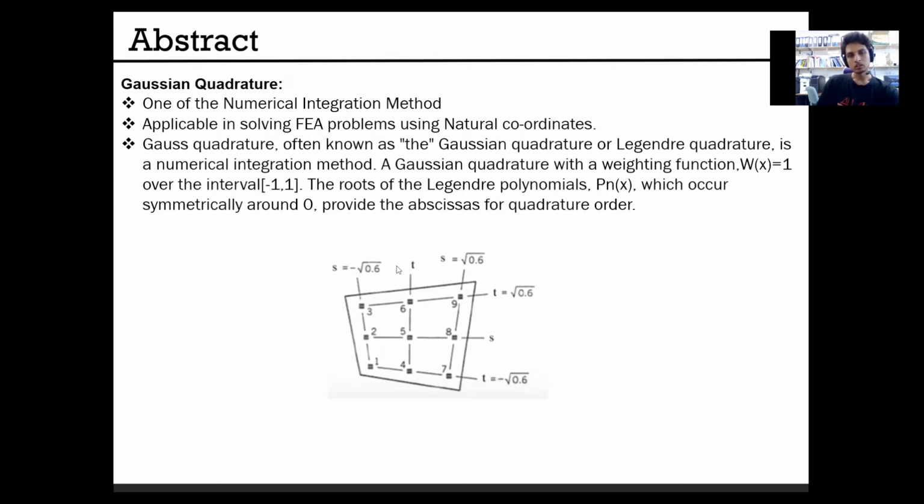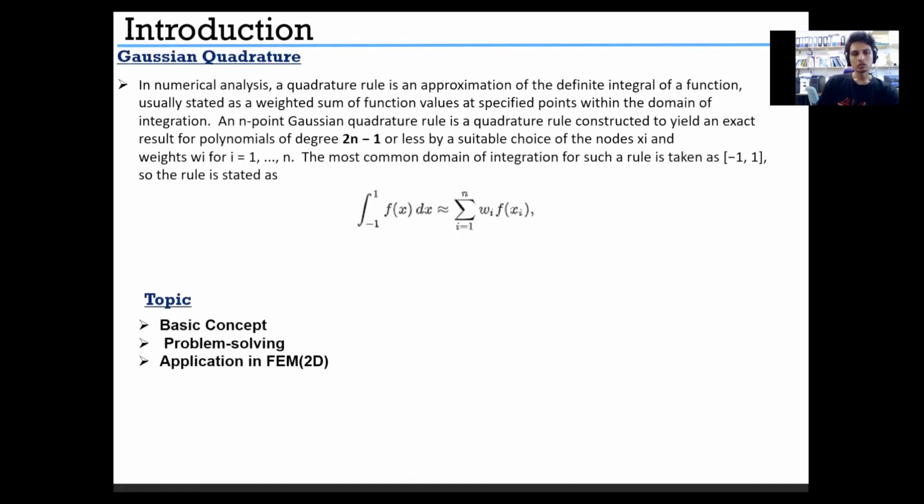Okay, so this is quite difficult. However, we will detect the points, how we can detect the points applying this numerical integration method. So in the introduction, we will cover some of the basics of the Gauss quadrature rules or formulas.